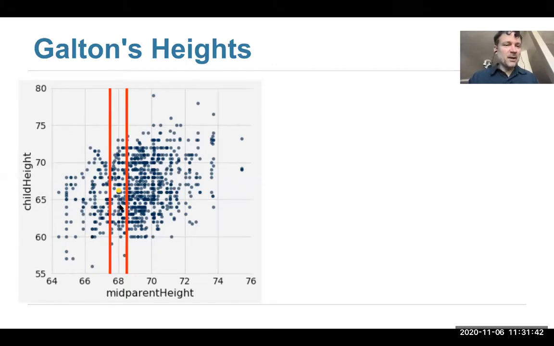So we look at all the other couples whose height is close to 68 inches. That's all the blue dots between these two red lines. We look at the heights of all of their kids and we take the average, and that's our best guess at what the height of the kid of a new couple with a mid-parent height of 68 inches will be. So this is how you get a prediction.